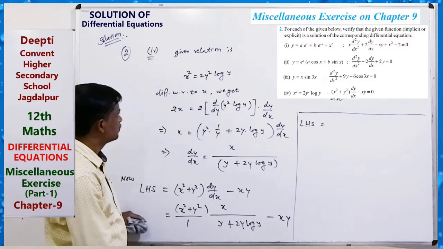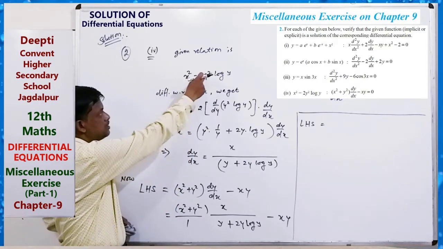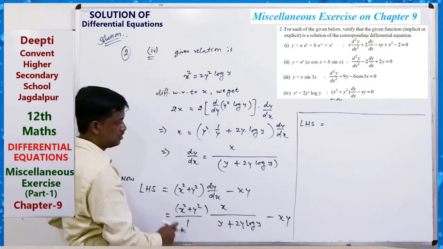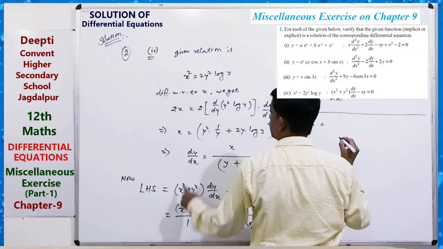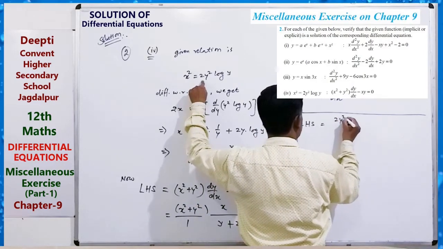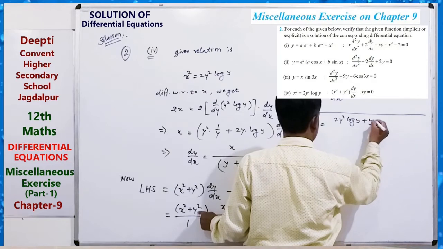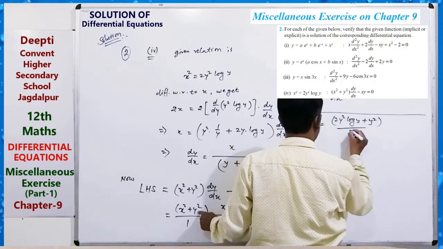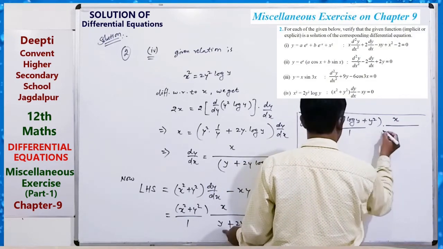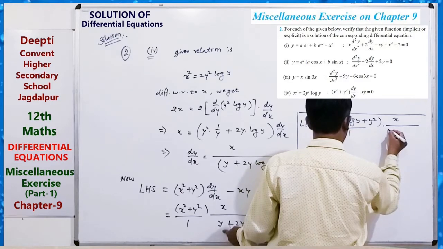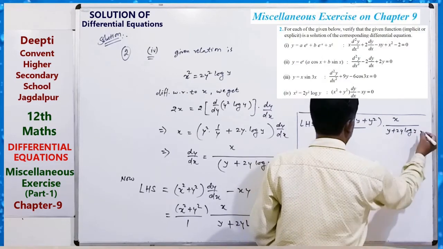Here you can see x square is given here, so put it at this place: 2y square log y plus y square, by 1 into x upon this y plus 2y log y minus xy.